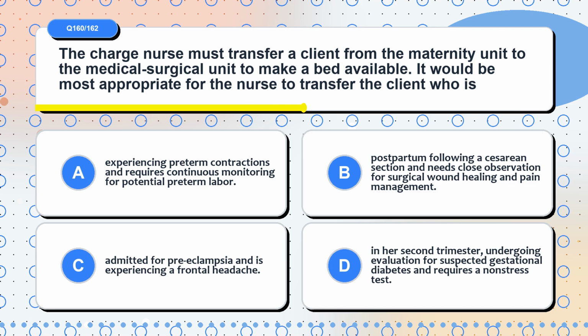Option B. Postpartum following a cesarean section and needs close observation for surgical wound healing and pain management. Option C. Admitted for preeclampsia and is experiencing a frontal headache. Option D. In her second trimester, undergoing evaluation for suspected gestational diabetes and requires a non-stress test.